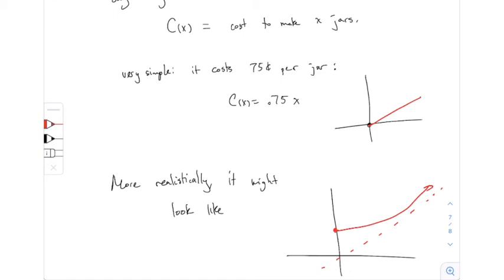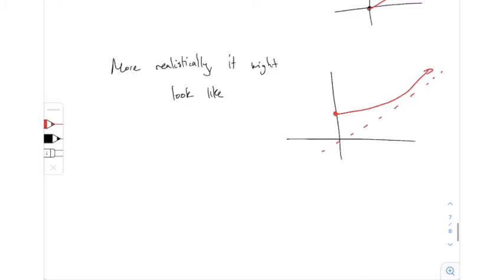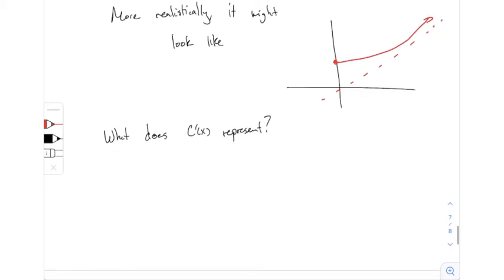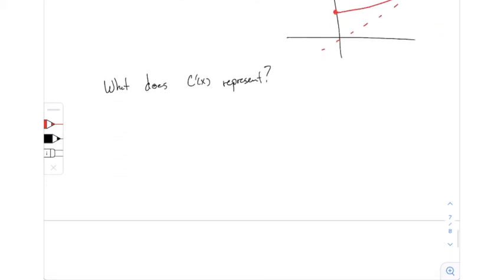My question is, what does C prime of x represent? It's how much the cost changes when I change the x a little bit. That's the basic idea. It's the rate of change of the cost according to the x value rather than according to time.